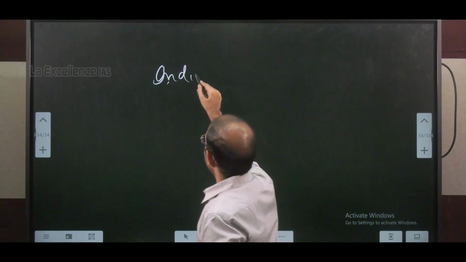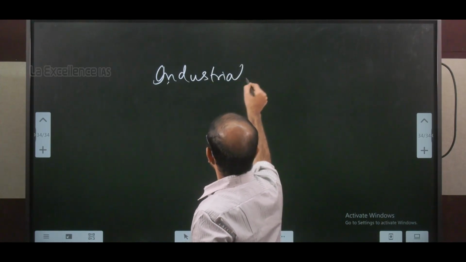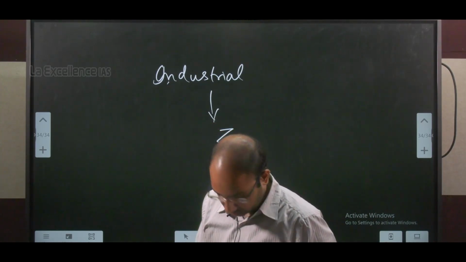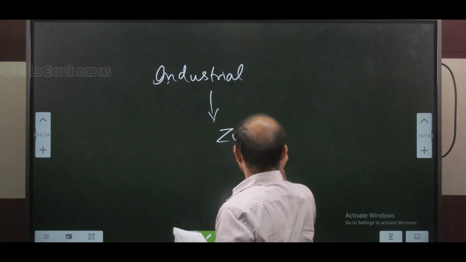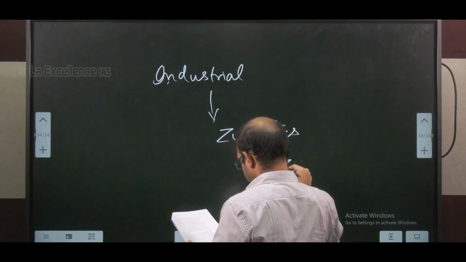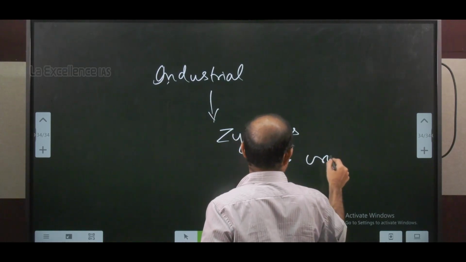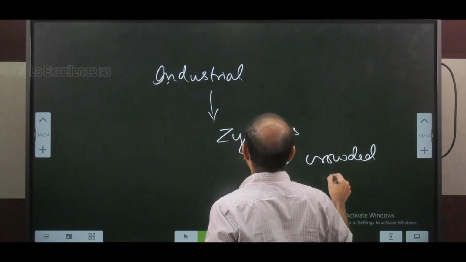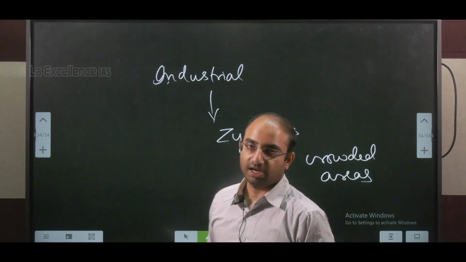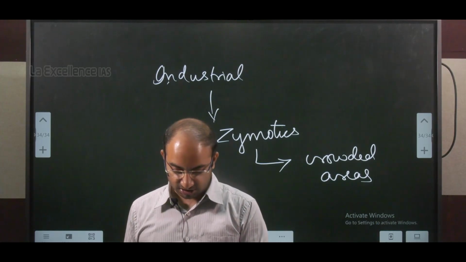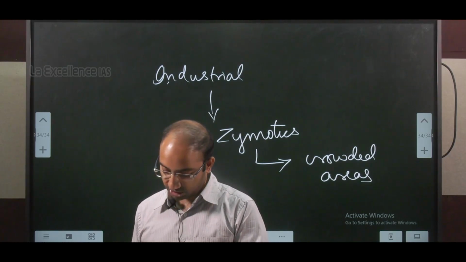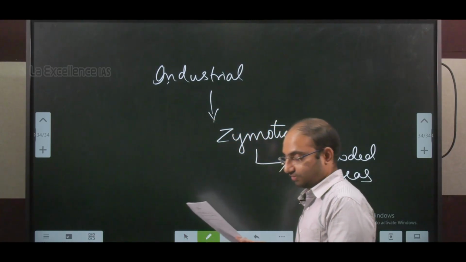And then as we move to the industrial age, we experience more and more of what are called zymotics. These are infections which spread from person to person in crowded areas, because in the industrial age we are all living in urban, high population density areas. So that is how you can understand the role of disease in human evolution.